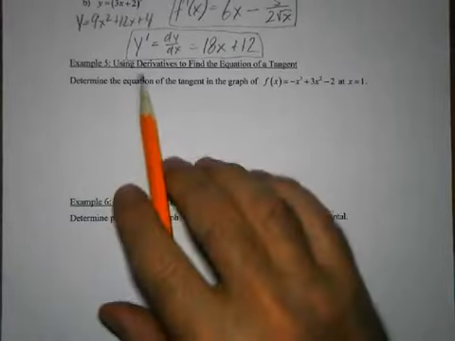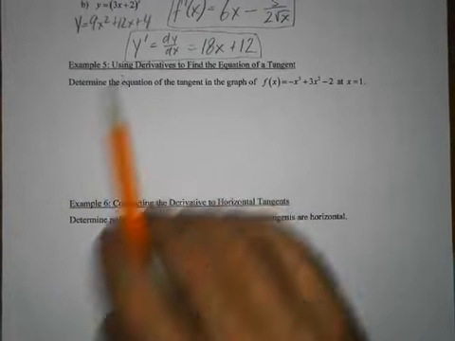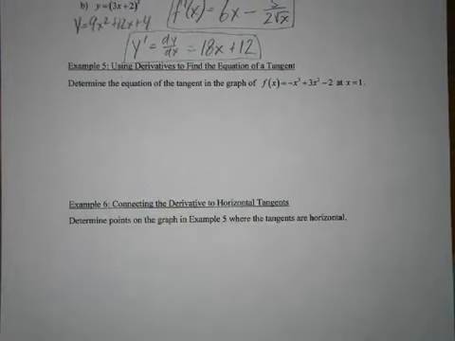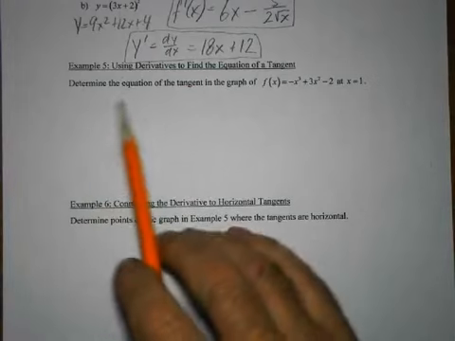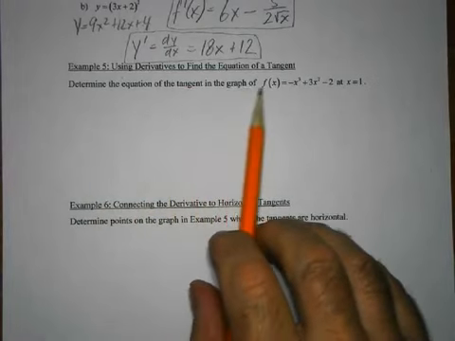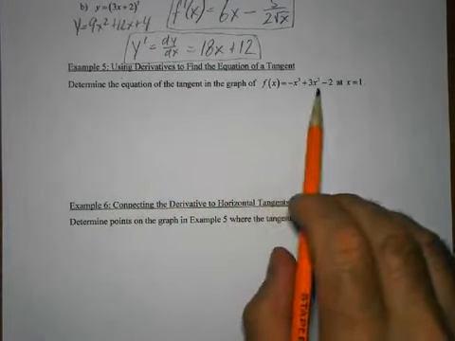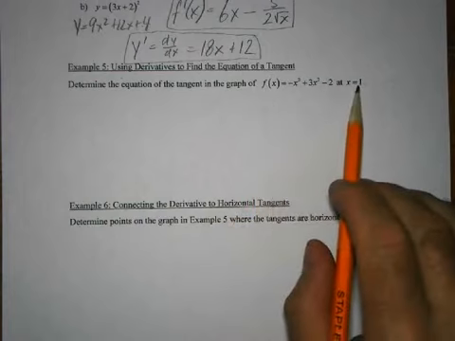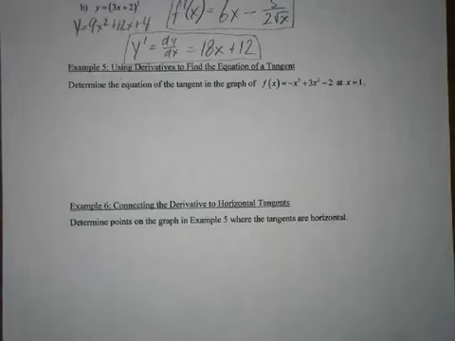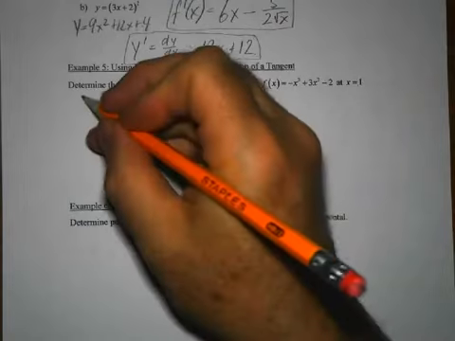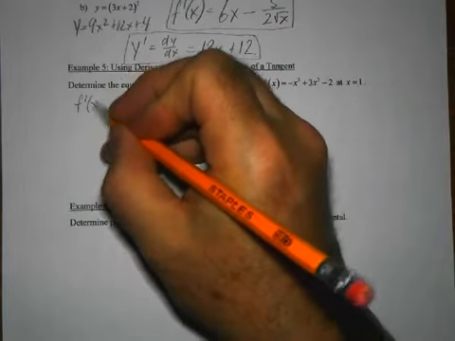All right, this example, using derivatives to find the equation of a tangent. It says, determine the equation of the tangent to the graph of f of x at the point x equals 1. Okay, so what we're going to do here, I'm going to do the derivative function first, so f prime of x.